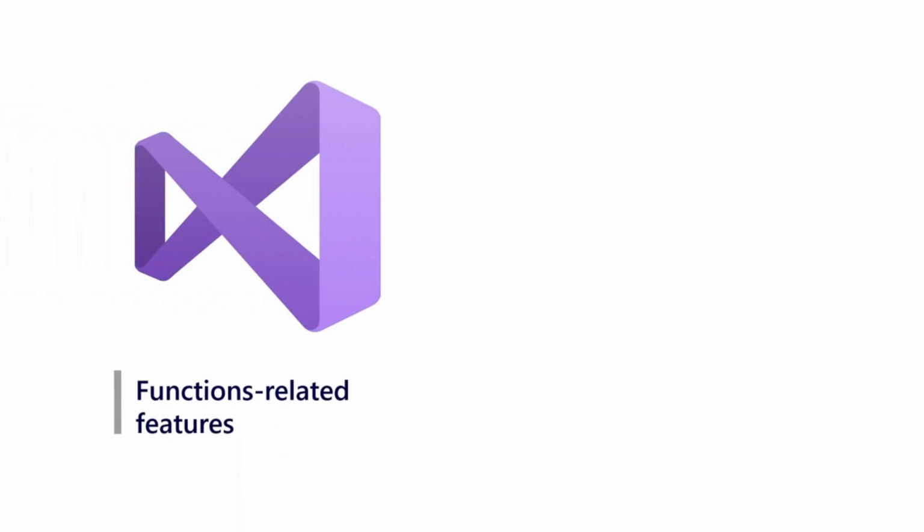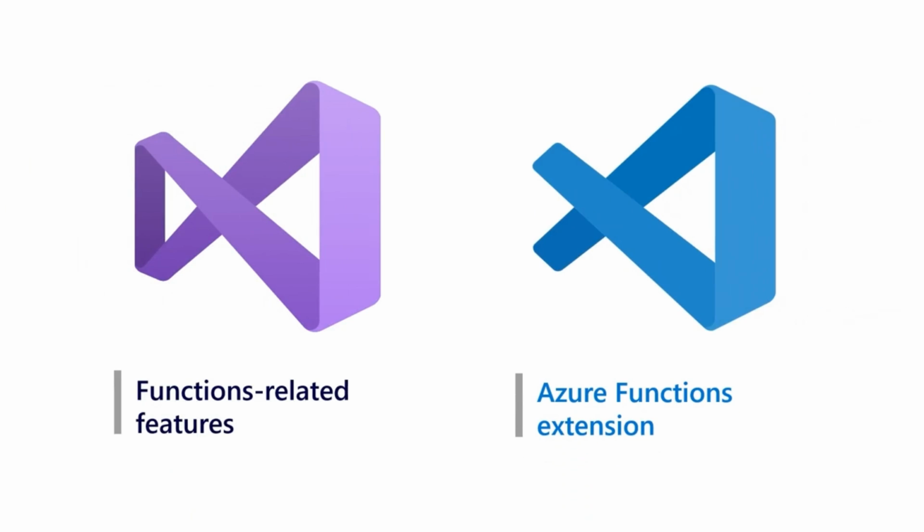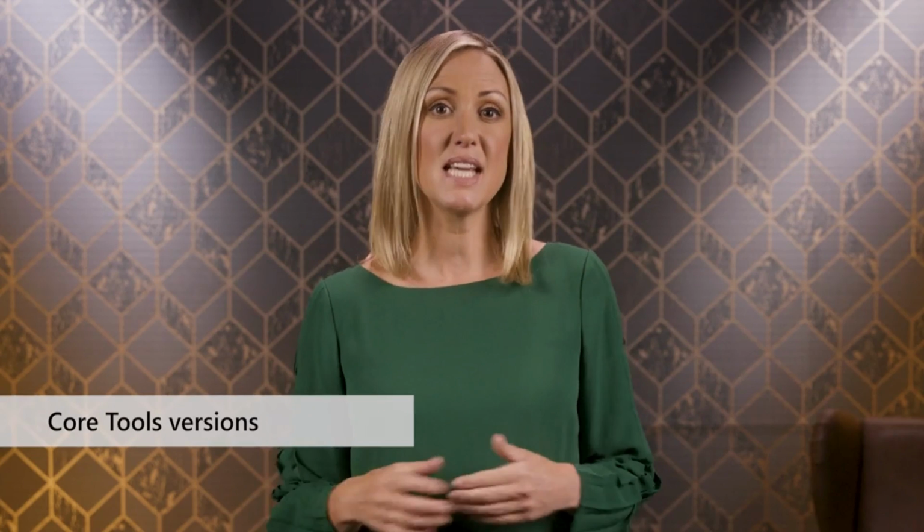Other functions development tools, such as the functions-related features in Visual Studio and the Azure Functions extension for Visual Studio Code, are built on top of the core tools. In other documentation, you may see references to different versions of the core tools. We recommend using the newest available revision as it offers the best support for most scenarios, and it can be installed on Windows, macOS and Linux computers.